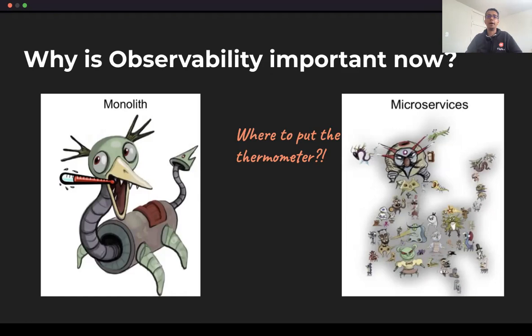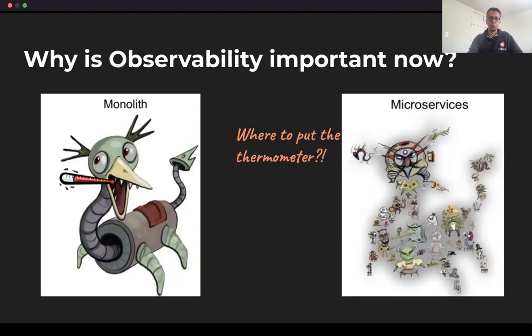But if you have a microservices architecture, you don't have a single system on which you can print logs. There are different components of the system, and each component behaves independently. To figure out what's wrong with the whole system, you're not sure which part to measure.